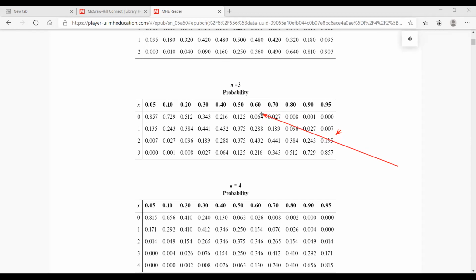And so this would be the column that you'd want to go to in this table if you're trying to find all the different outcomes for n equal to 3 trials. You'd have 0 outcomes, 1 outcome, 2 outcomes, or 3 outcomes. That's the finite outcomes. And if you had a probability of 60% occurrence, that's going to be your success rate. This would be the numbers that you would use depending on what the problem would be asking, of course.